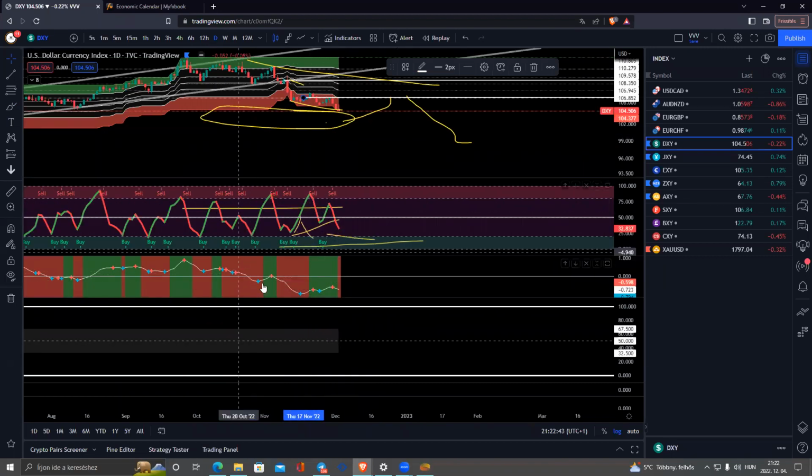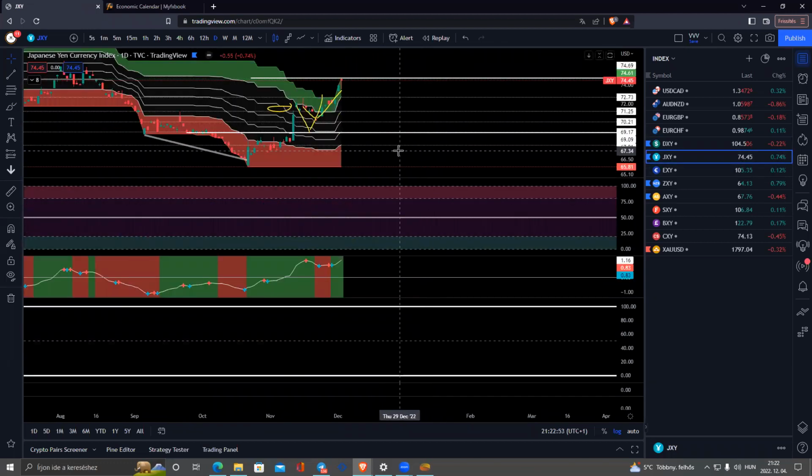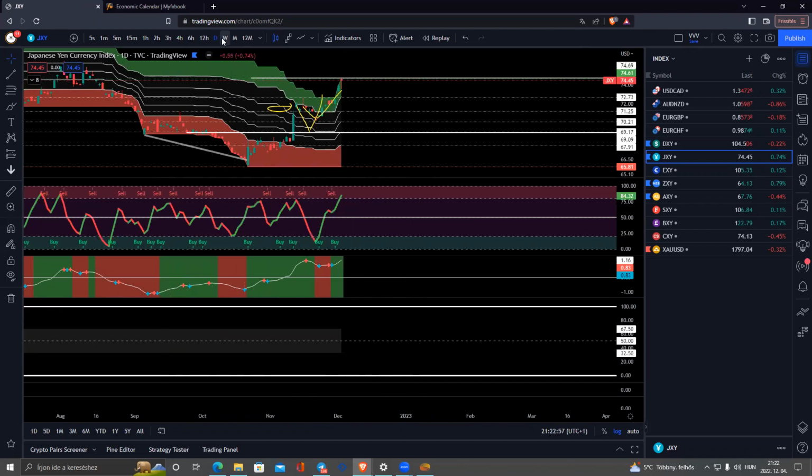There is red momentum. The XY reached the target zone. And we got to the oversold zone.